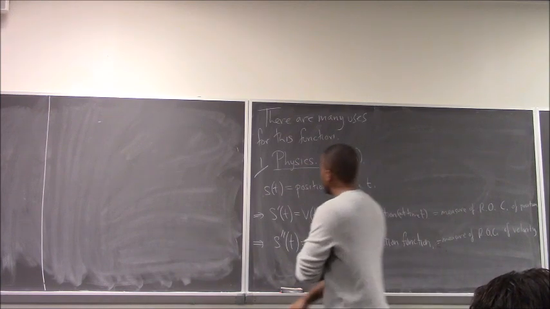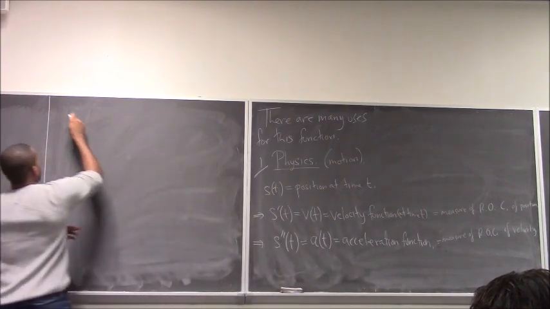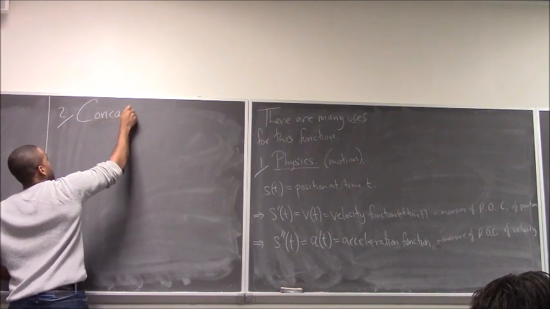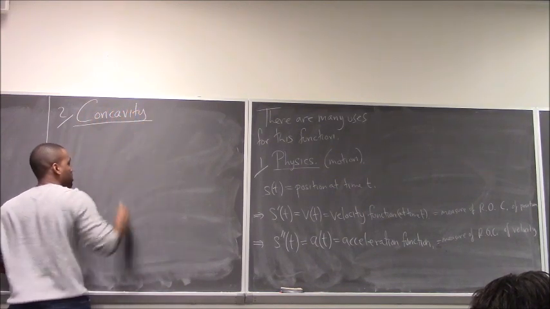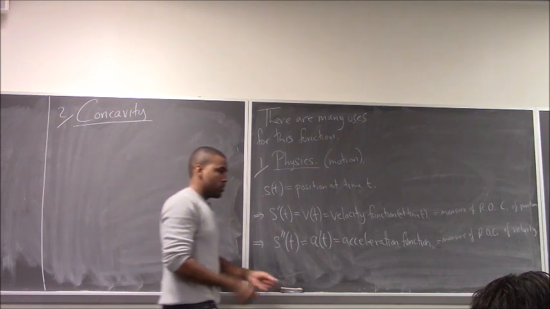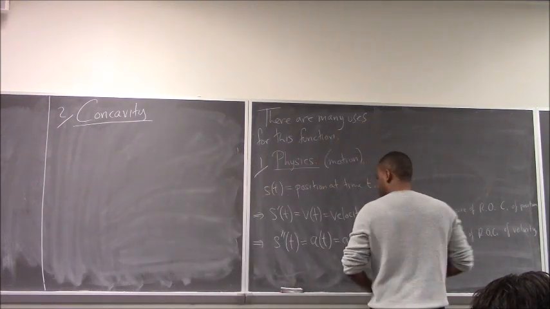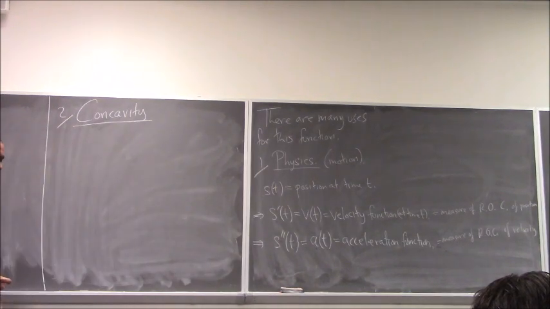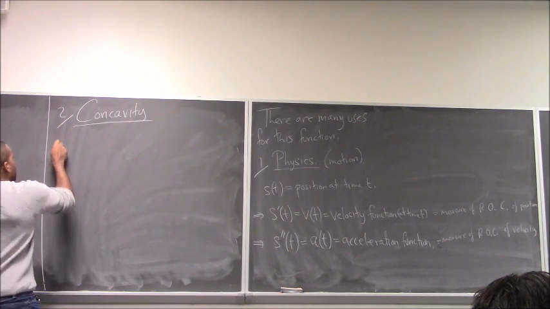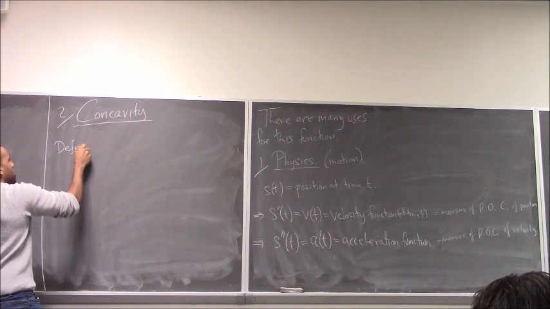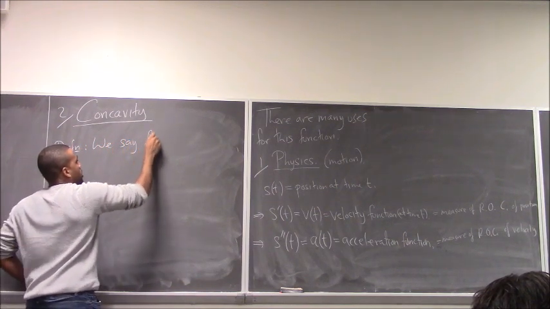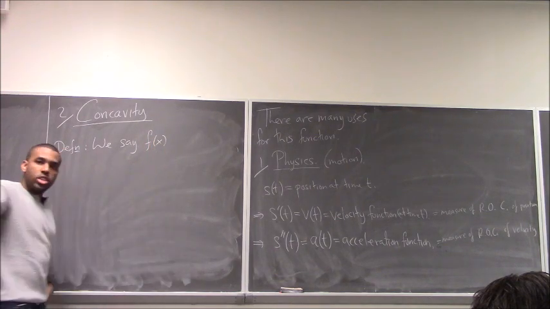There's another idea of why a second derivative is important, and it's called concavity. I'm going to give you a couple definitions, and then I'm going to show you how the second derivative is going to help us with this definition. So f of x is just some generic function.